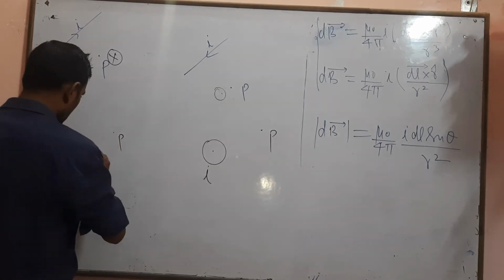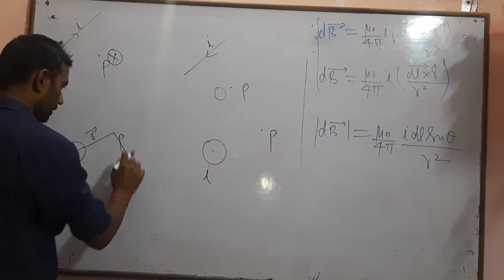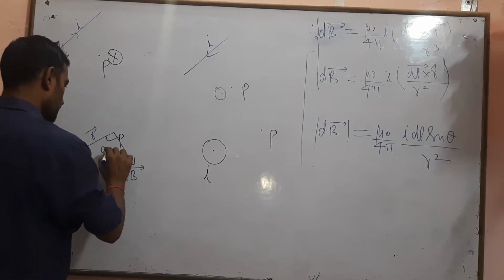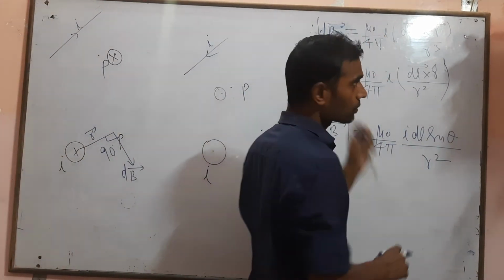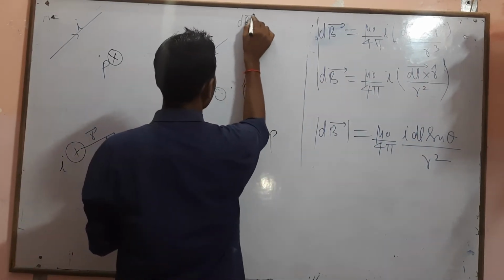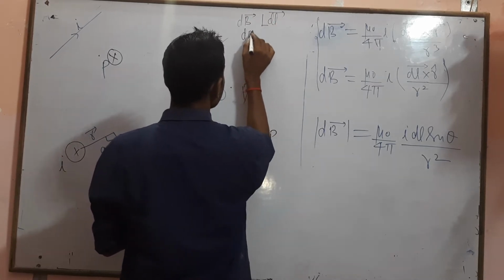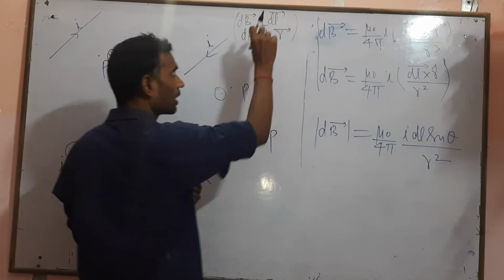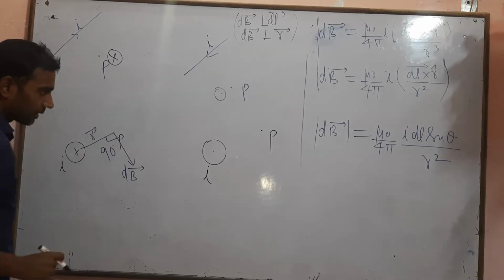This is the r vector, and this is an important point. This is the magnetic field dB. The angle between them is 90 degrees, because dB is perpendicular to the dl vector, and dB is perpendicular to the r vector.